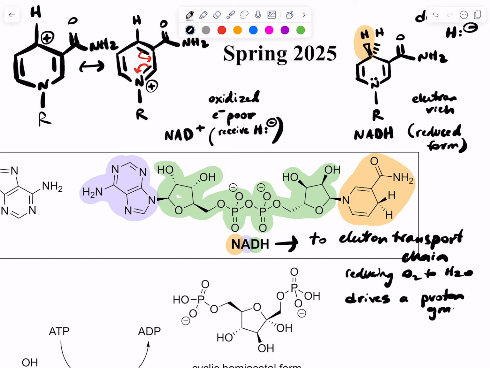It makes the pH inside the mitochondria higher than the pH outside the mitochondria, and because of that, flow of hydrogen back into the mitochondria through an enzyme drives ATP synthesis. So this is a well-oiled and very intricate machine with many parts.